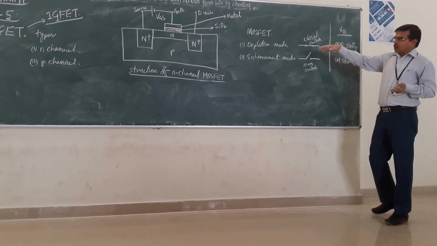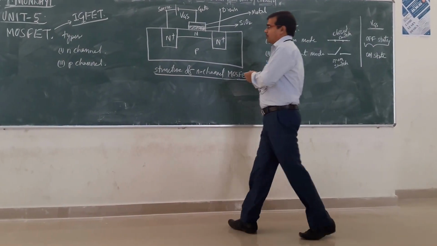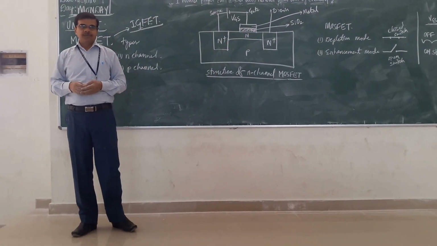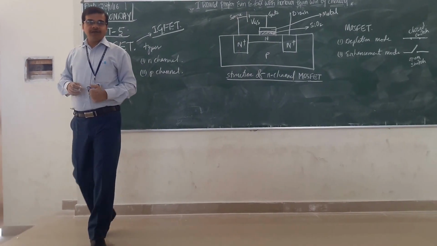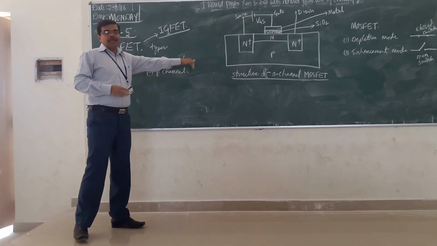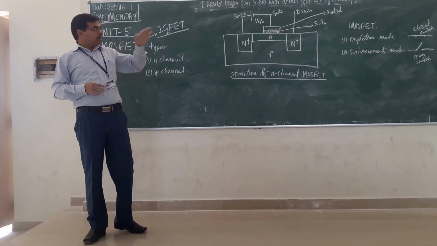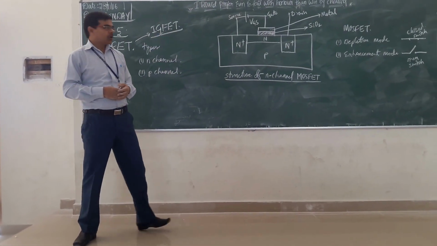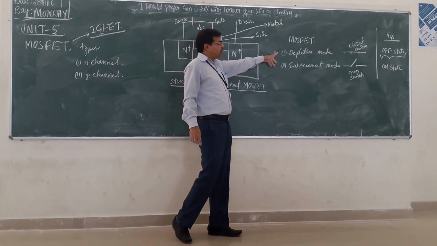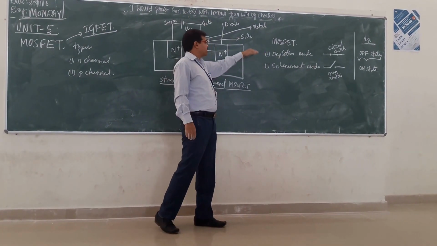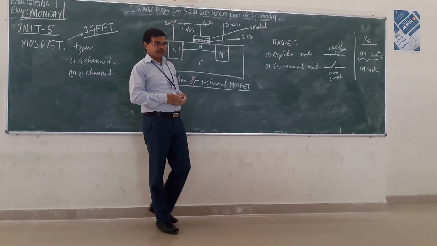So one of the applications of your MOSFET is that we can use it as a switch. Earlier we have seen that, like your JFET, we can use it as an amplifier and we can use it as a switch, and these two are modes of operation in case of your MOSFET.